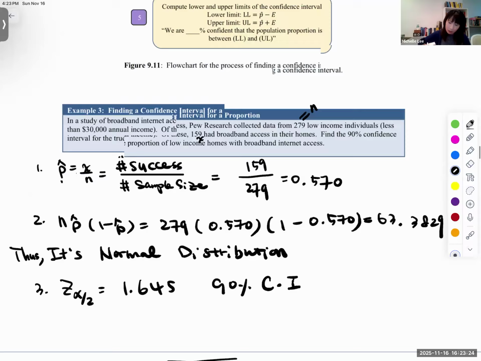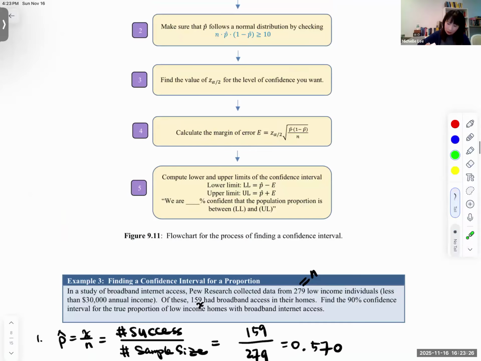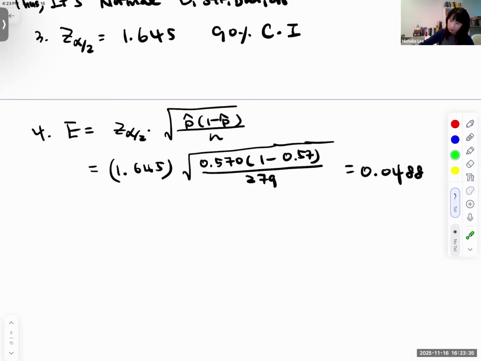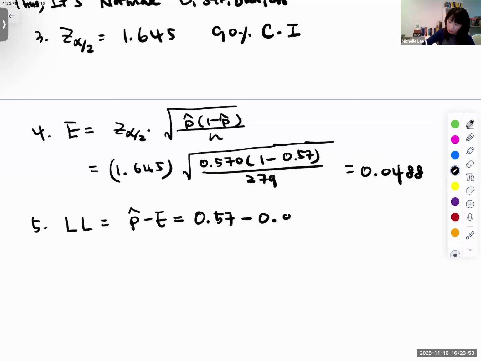All right. Now, last step, right? Lower limit, upper limit. Then we have a conclusion, right? Lower limit: p hat minus margin of error. p hat, I'm using here, 0.57 minus margin of error 0.0488.